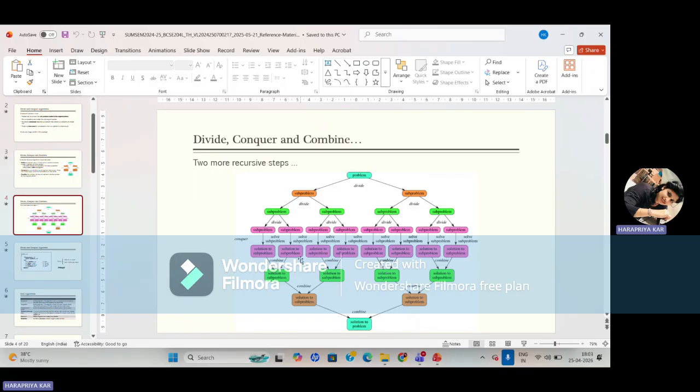Combine means we get the solution for the particular problem. So this is basically the divide and conquer technique or approach whenever we are solving particular algorithms.